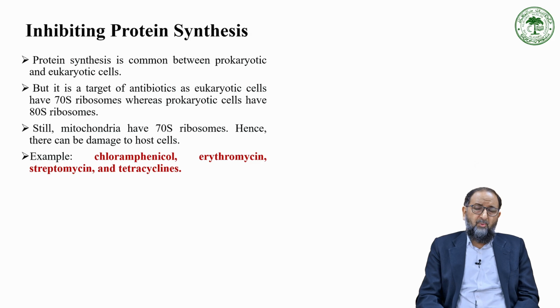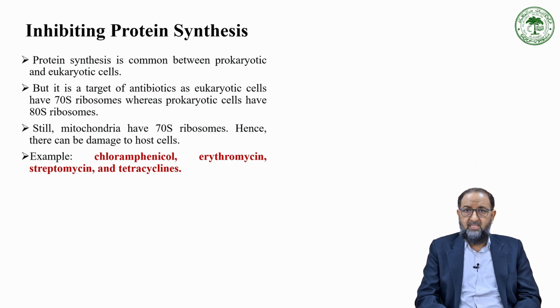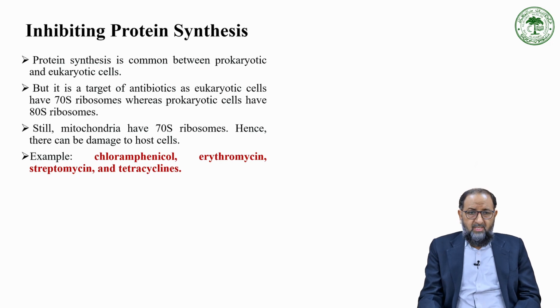So the only possibility of damaging host cells is that, and since the mitochondria is the powerhouse of the cell, it produces a lot of enzymes involved in energy production, right? And if the mitochondria is affected, it will definitely affect the host cell and health. For example, chloramphenicol acts on the 50S subunit; erythromycin, streptomycin and tetracycline act on the 30S subunit.